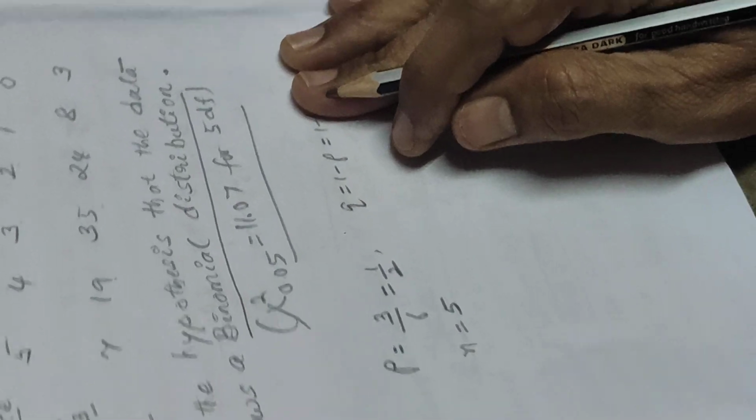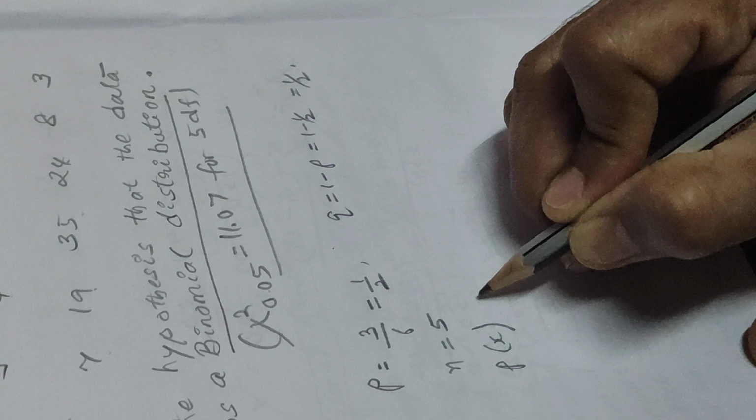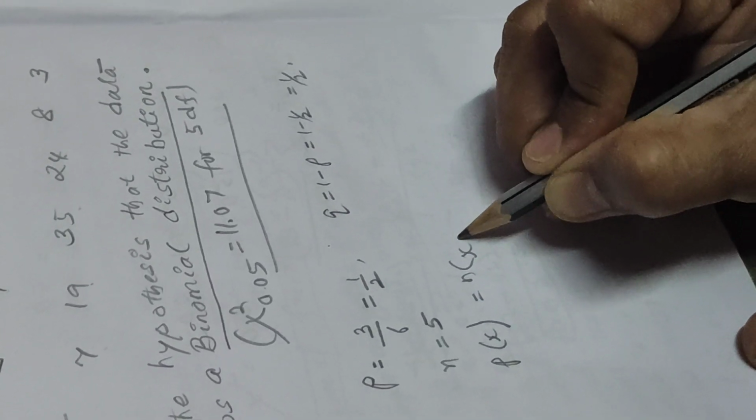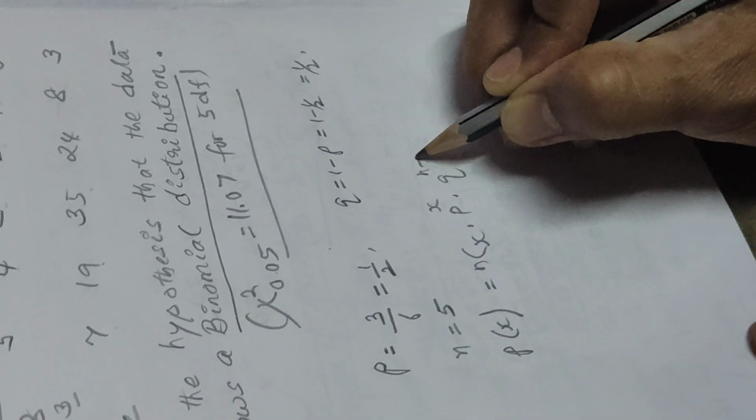Then n is equal to 5. So now we will use the binomial distribution, that is P of x equal to nCx, P power x, Q power n minus x.